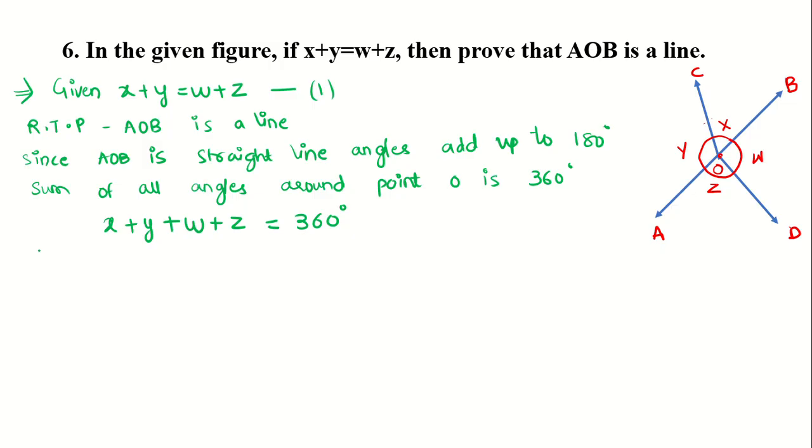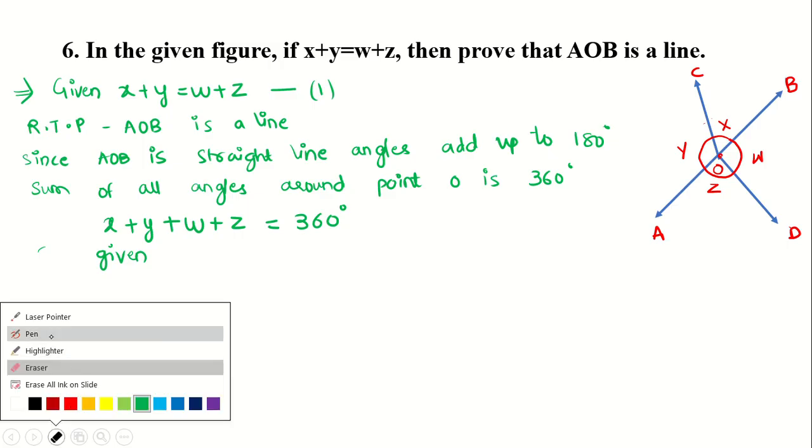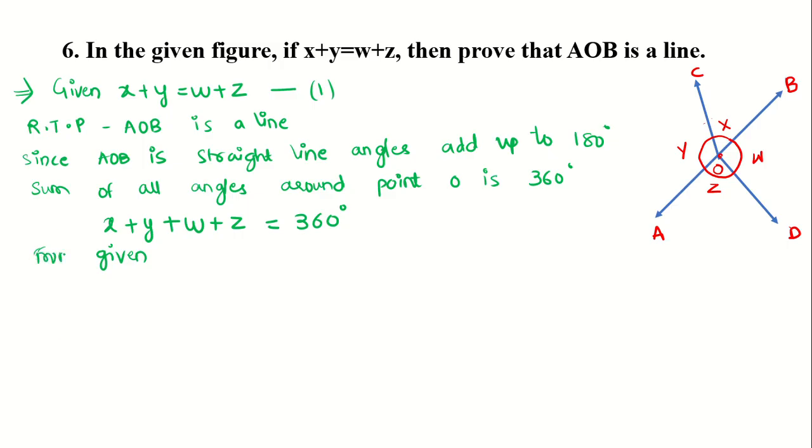Okay. Now from the question, it is given that X plus Y is equal to W plus Z. Now substitute this in equation 2. So X plus Y plus W plus Z becomes X plus Y plus X plus Y, which is equal to 360 degrees.